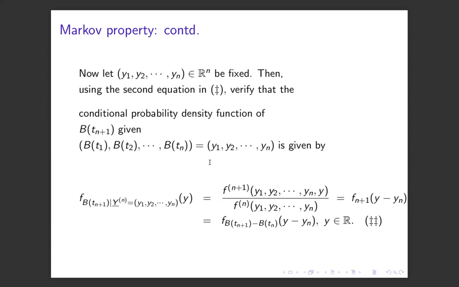Here, up to n minus 1 will not be relevant. So what we suspect is that this conditional probability density function of Btn plus 1 given Bt1, Bt2, ..., Btn is going to be perhaps the same as the conditional density function of Btn plus 1 given just Btn alone. And we have an indication of that here.